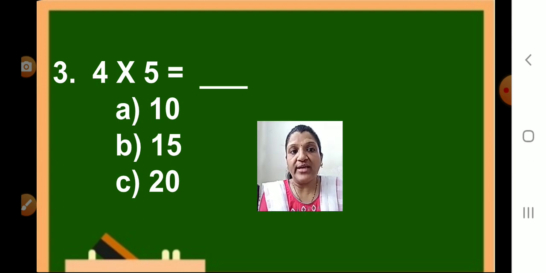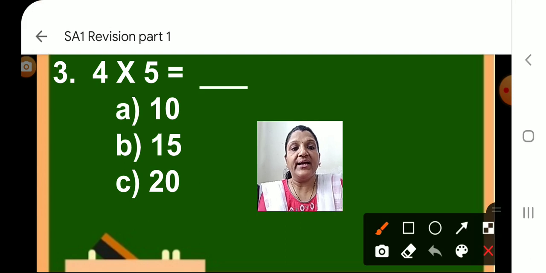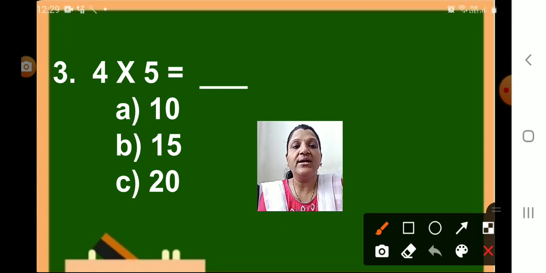Like that also you can get the answer. So let us stick on the correct answer C 20. Got it, children? Yes. Let's see the next question.